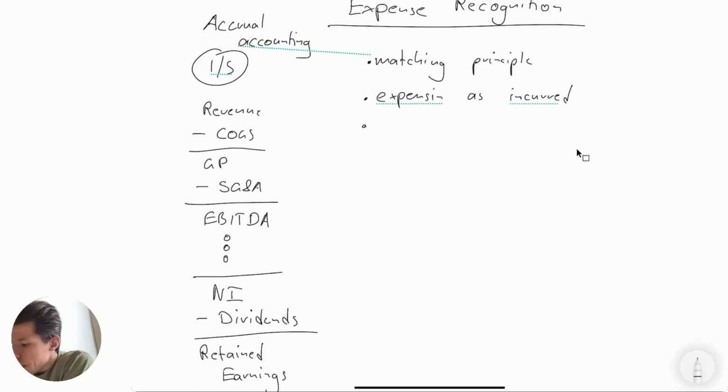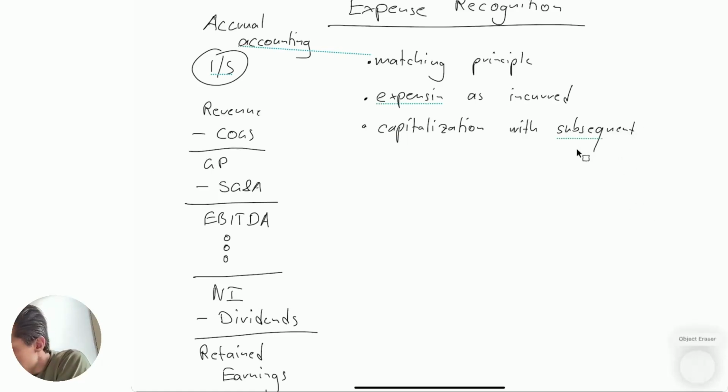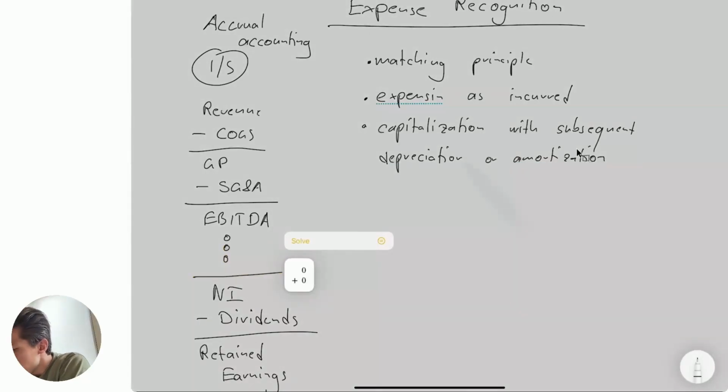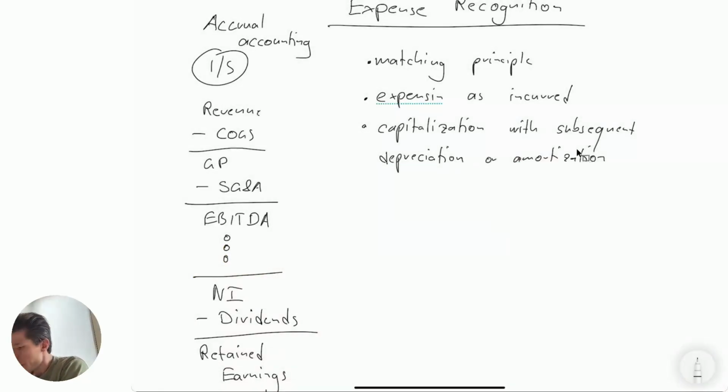And the last one is capitalization with depreciation or amortization. The difference is depreciation is for tangible goods and amortization is for intangible goods.